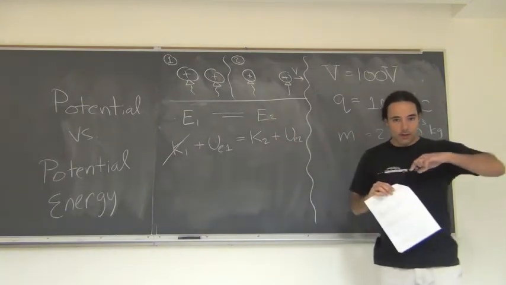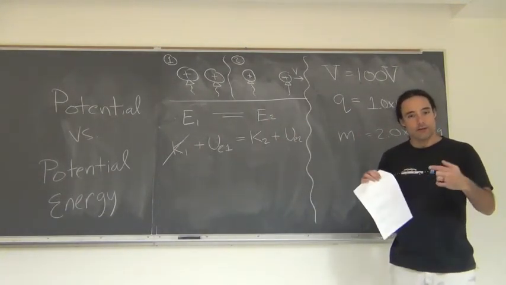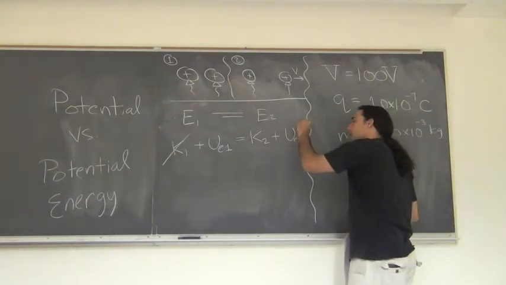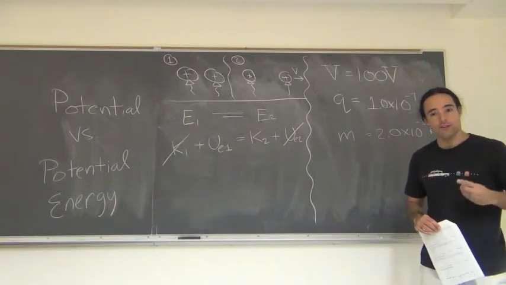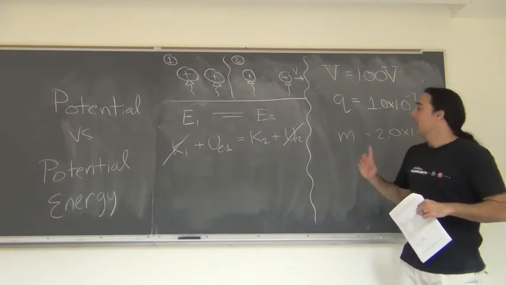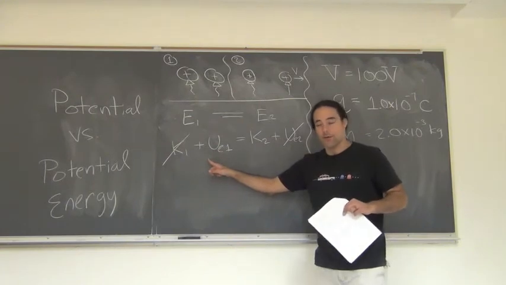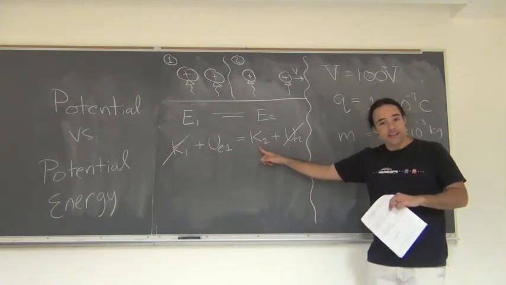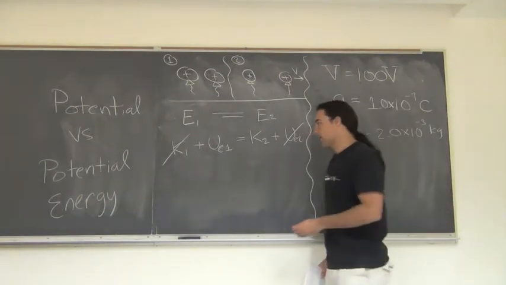If it's miles and miles away, the balloon is not going to feel that electrostatic repulsion. So we'll say that the electrostatic energy in picture 2 is insignificant. That doesn't matter. Therefore, the electrostatic potential energy from picture 1 gets converted to kinetic energy in picture 2. Let's write that down.